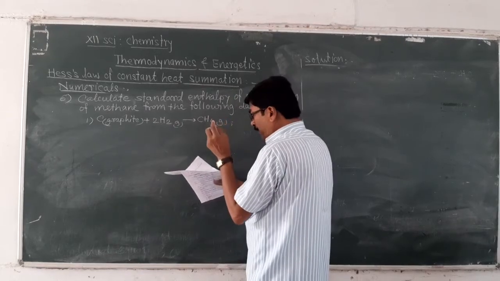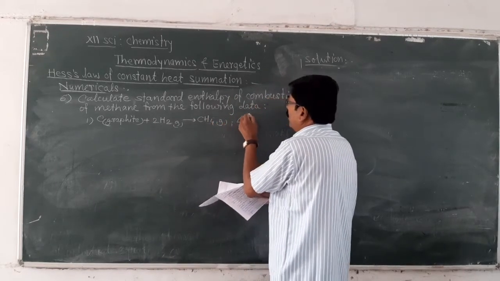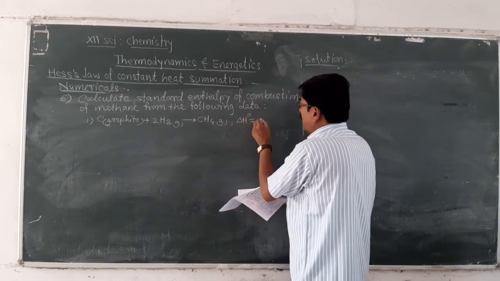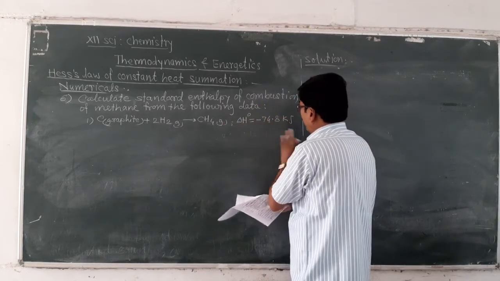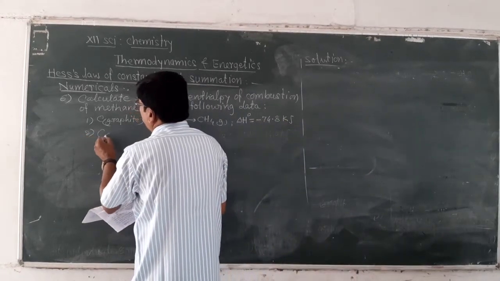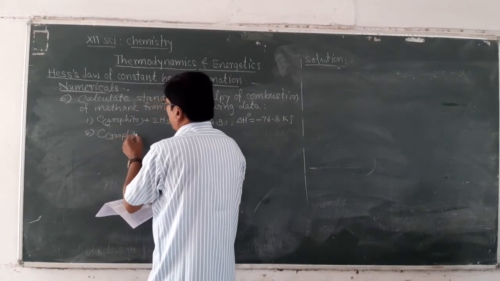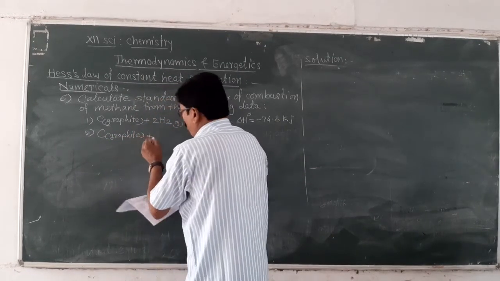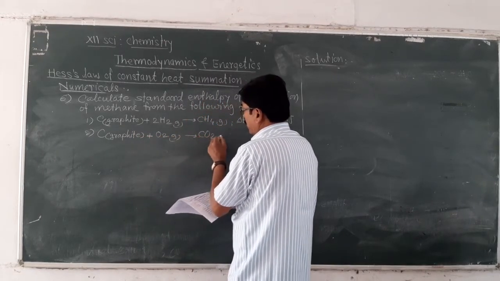And the enthalpy of this reaction, delta H naught, is minus 74.8 kilojoule. Second equation, carbon graphite plus O2 gas to give CO2 gas.